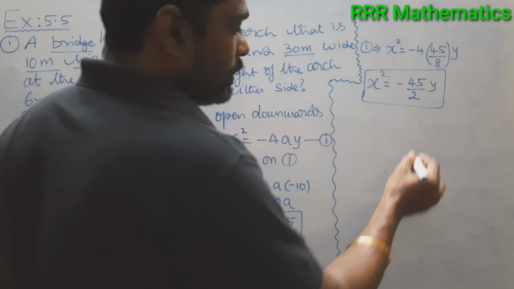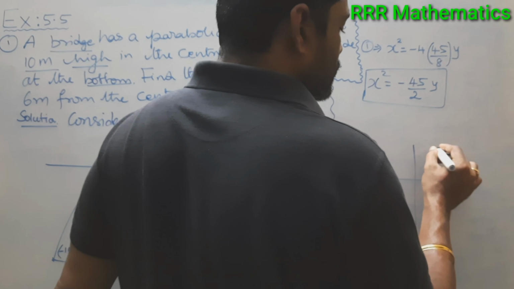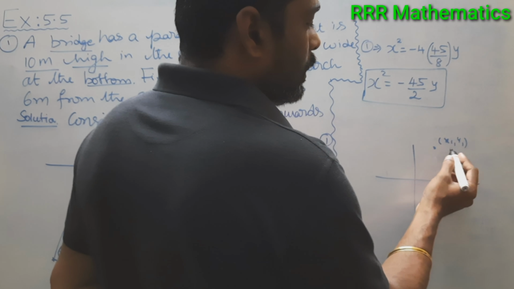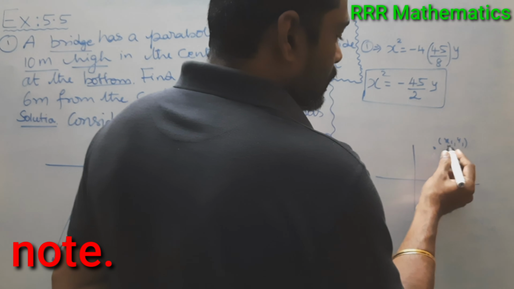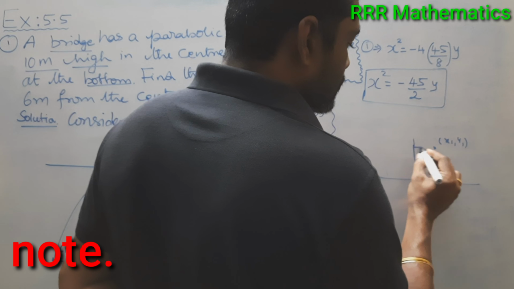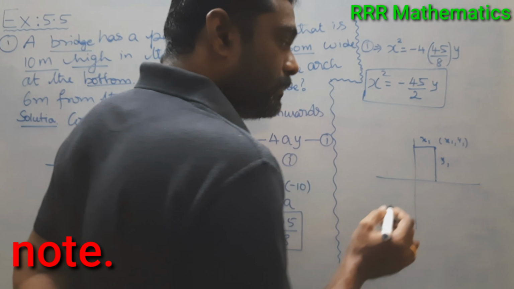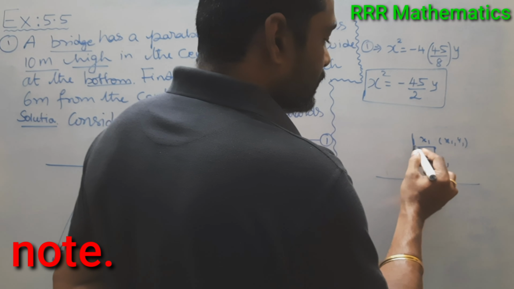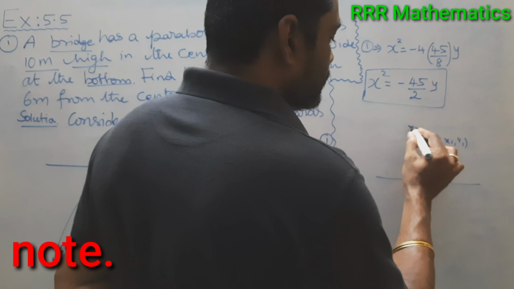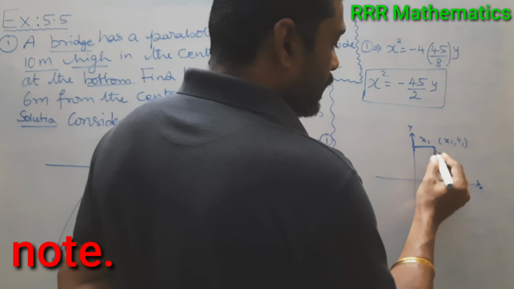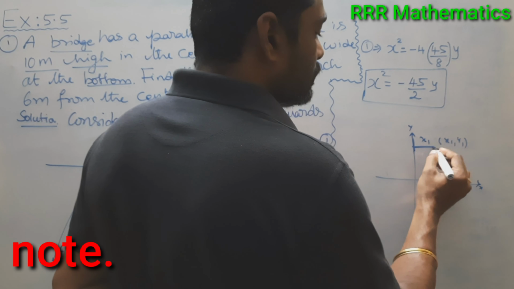For example, in your graph sheet, if you choose this point, this is x1 comma y1. How can you define this one? x1 is the horizontal distance and y1 is the vertical distance. x1 is from the y-axis to the point, and y1 is from the x-axis to the point.